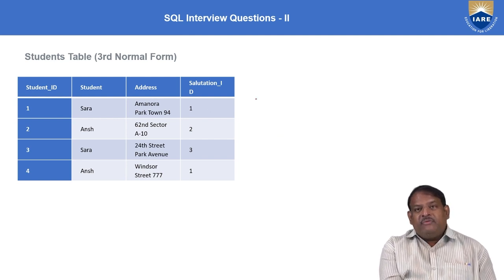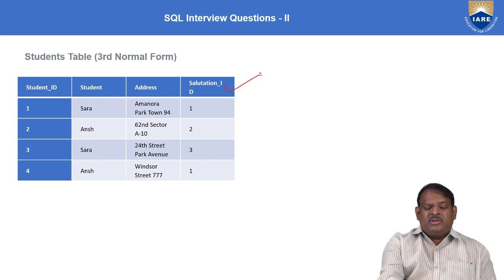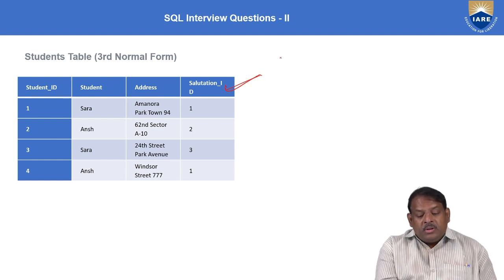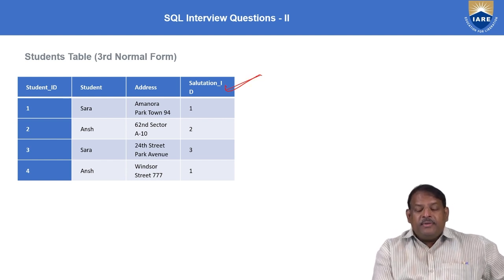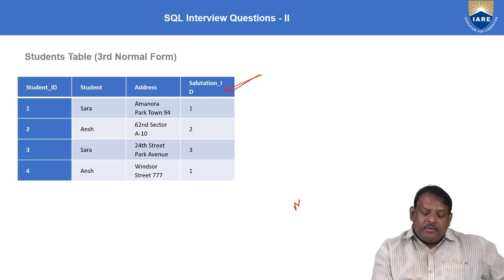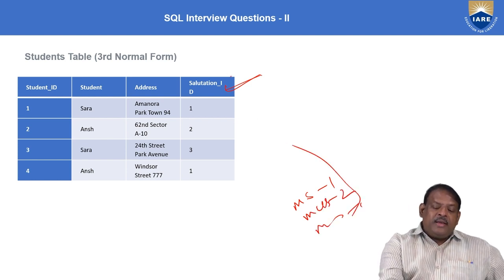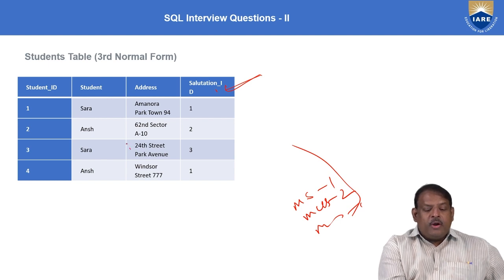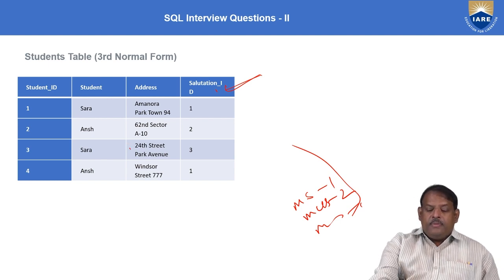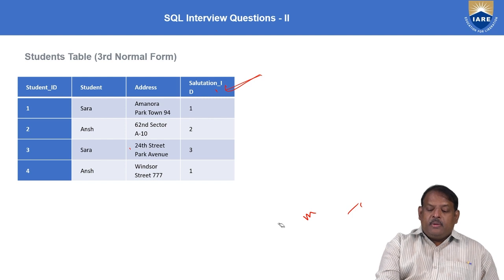So we'll have a different table for the salutation. Here we'll have a master table for salutation, like for Mr. it is 1, for Miss it is 2, for Mrs. and so on. We'll have that as a foreign key in the student table to point to each student's information. Now this is in the third normal form.